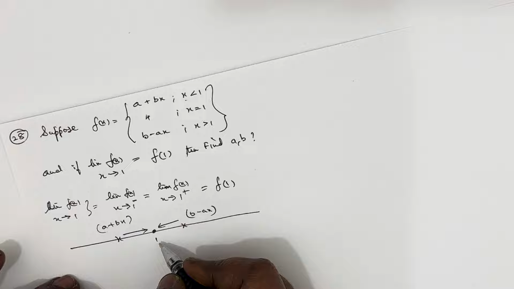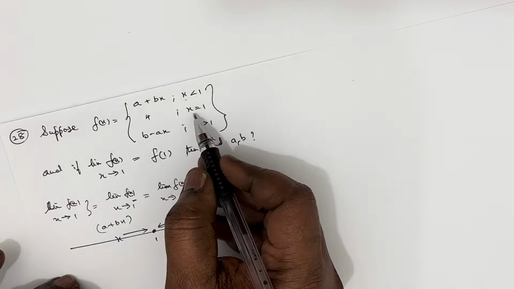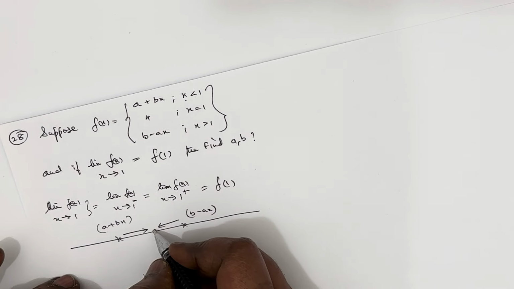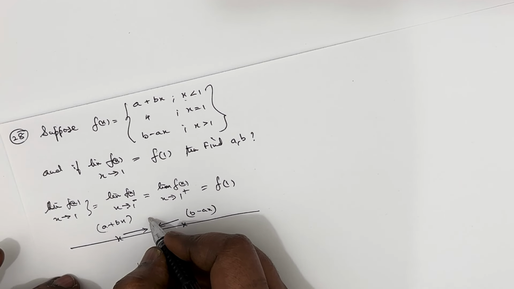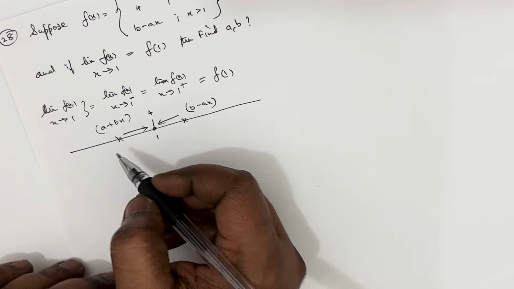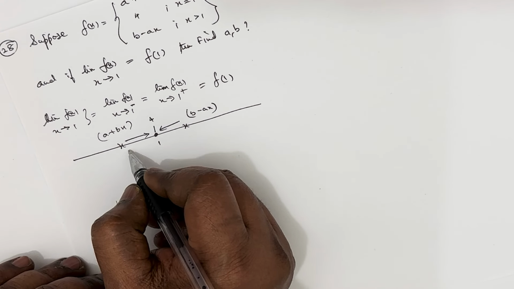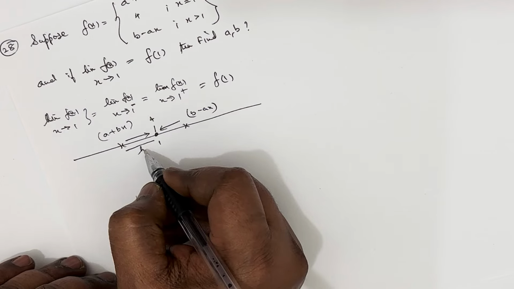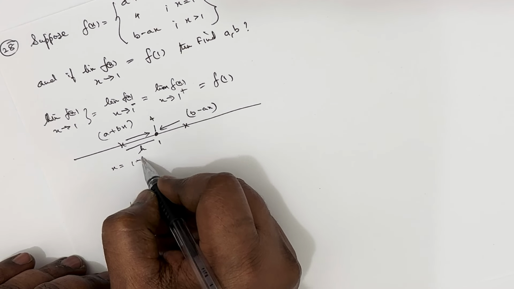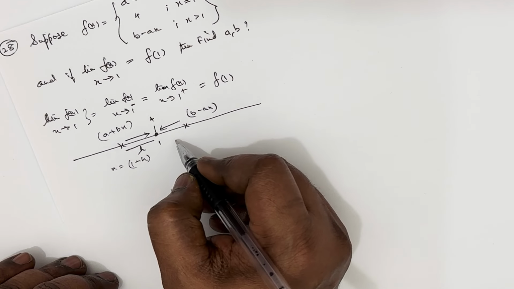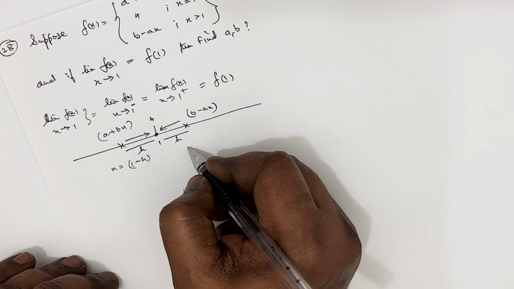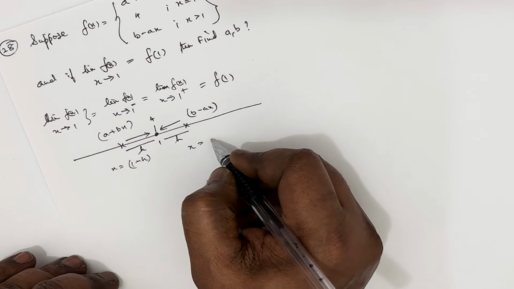When x is equal to 1, the function's value will be 4. Now this distance we assume as h, where the position of x will be 1 minus h, and on this side the position of x is equal to 1 plus h.